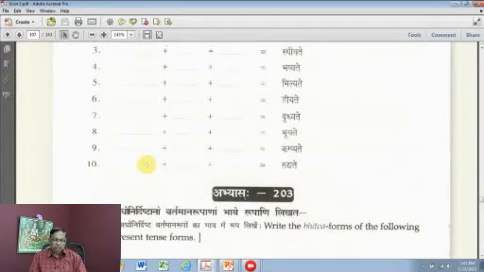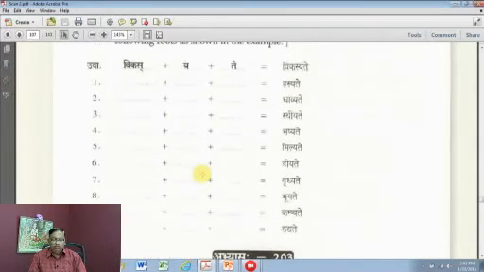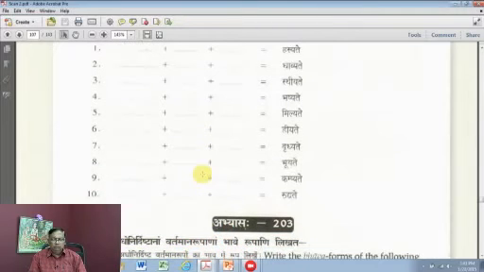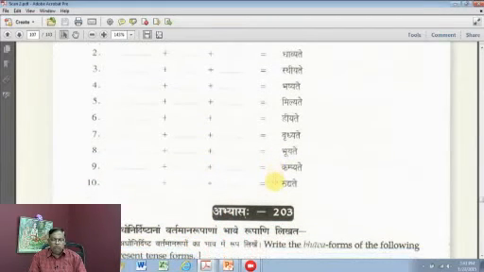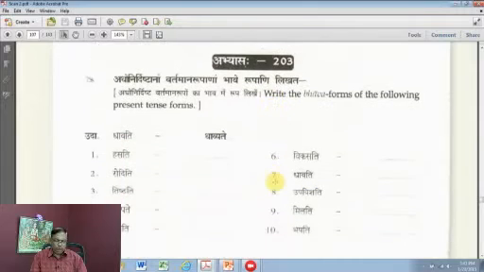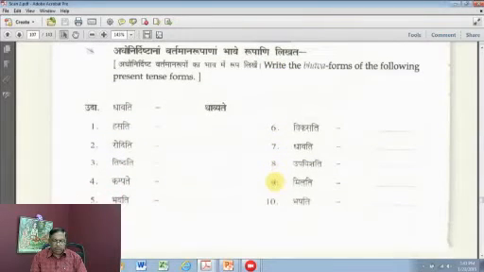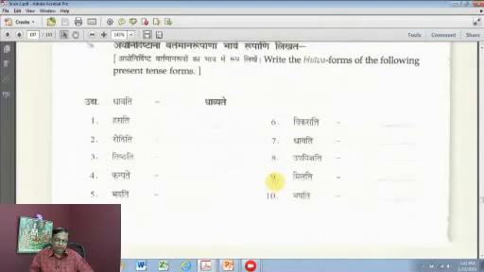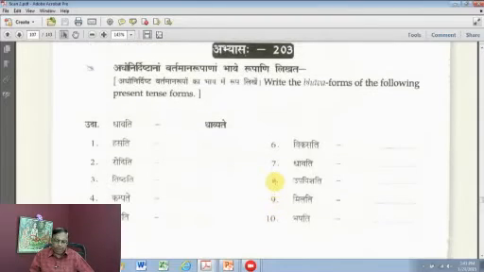So hasa, dhava, stha, bhasha, mila, da, vrudha, bhu, kampa, ruda, and ya plus te everywhere. So rudyate, rudati, roditi. Next, abhyasa 203. Is it big?